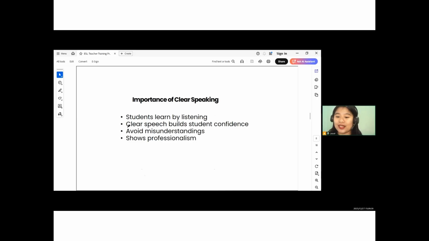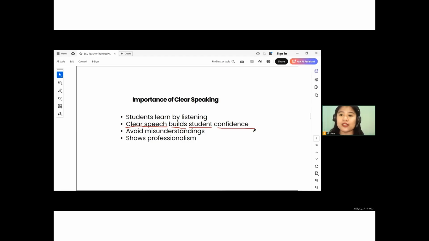Next one. Clear speech builds student confidence. If you have clear speech, clear instruction, your instructions must be simple because if you use advanced words, your student will lose his or her confidence because they would think that this question is so difficult.